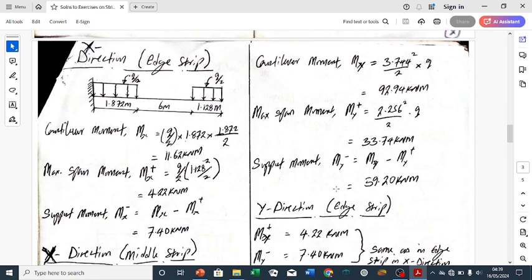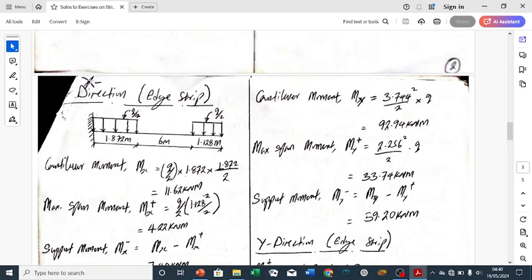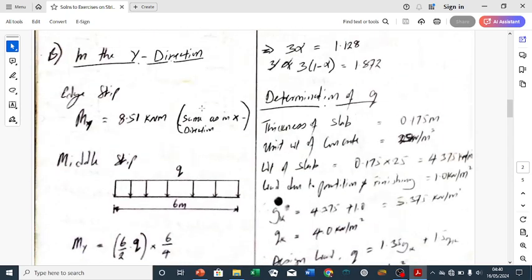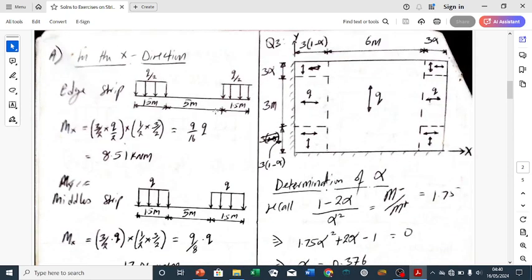So after calculating the value of Q and the value of alpha, the next thing is to calculate the moment in each of the strips and in each of the directions. First of all, we go into the x direction H strip. This is the x direction. This is the H strip.